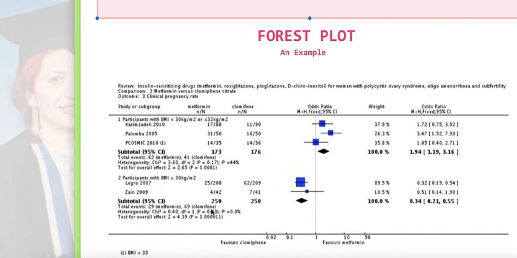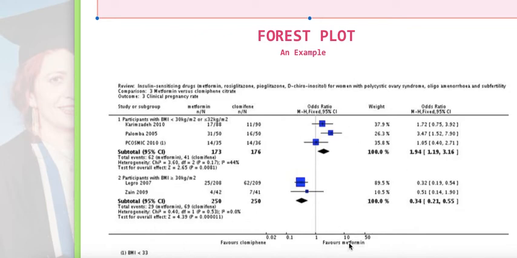There will be a question underneath this forest plot in your part 2 exam that will say this study indicates, and there will be an SBA with various statements mentioned. You have to make sure that out of those, the one statement you choose correctly reflects the picture here.